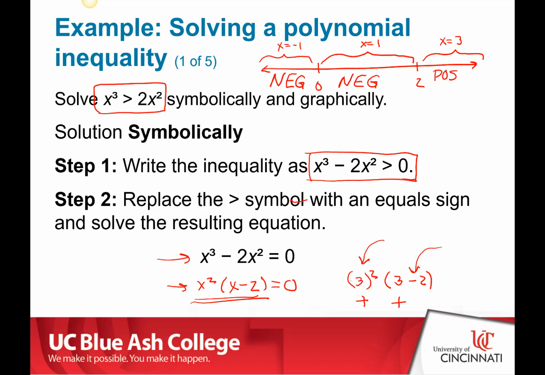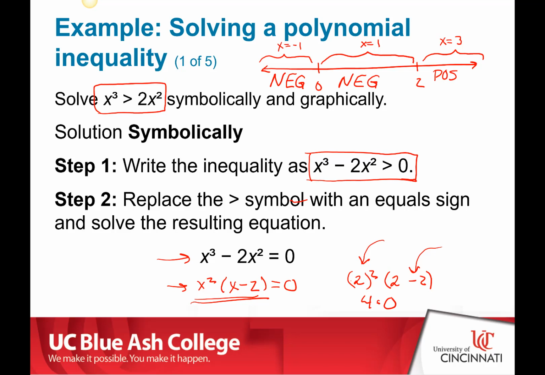Okay, greater than 2. If we plug 2 itself in, it's going to zero out. Really? Yeah. Here, let's plug in 2 down here in the lower right. Well, let's see. We're going to have 2 squared is 4 times, what's 2 minus 2? 0. Oops, 4 times 0 is 0.